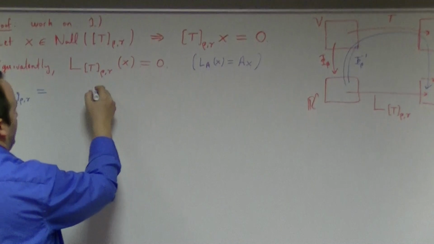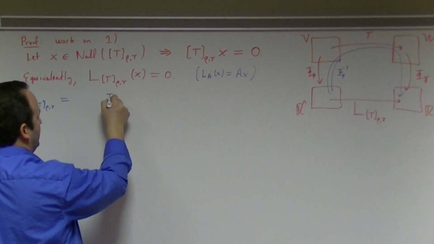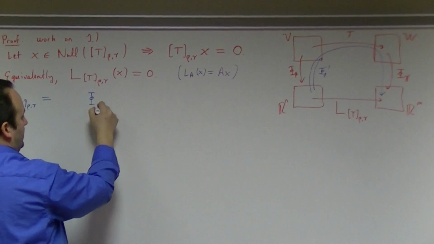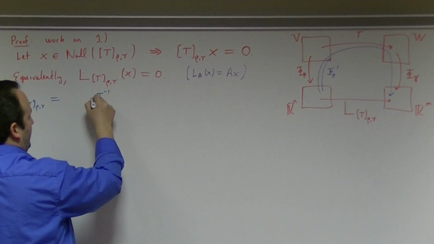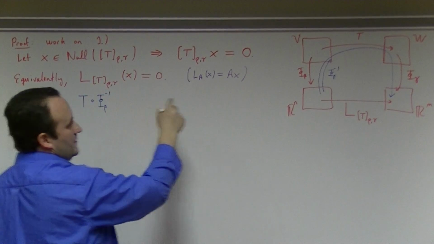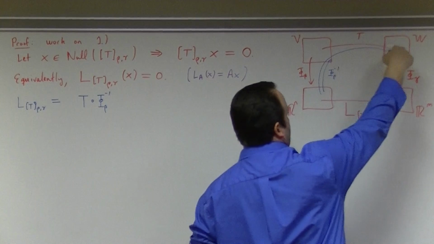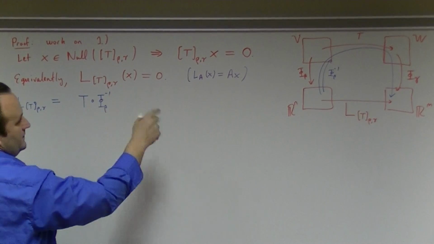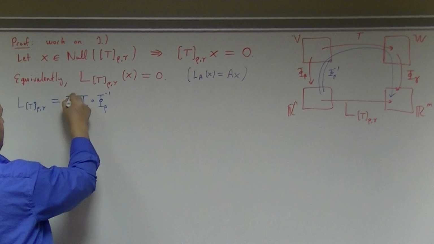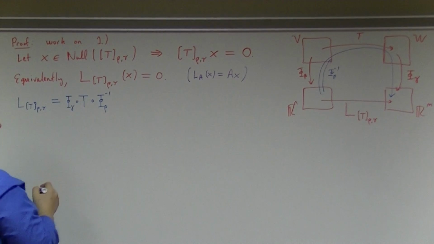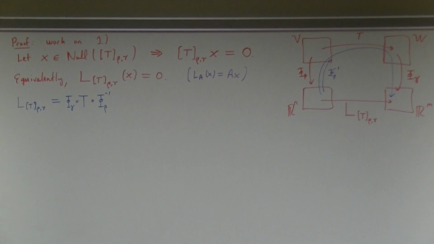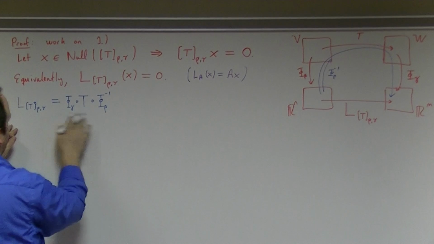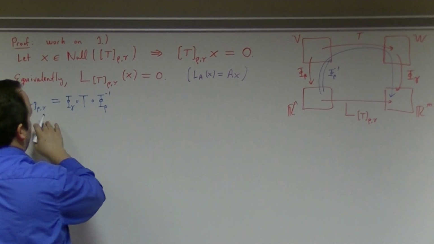That's the first, and because we're in composition, the first is last. So phi beta inverse, and then T takes me from V over to W, and then phi gamma takes me back down again. So this is the relation between T and L.